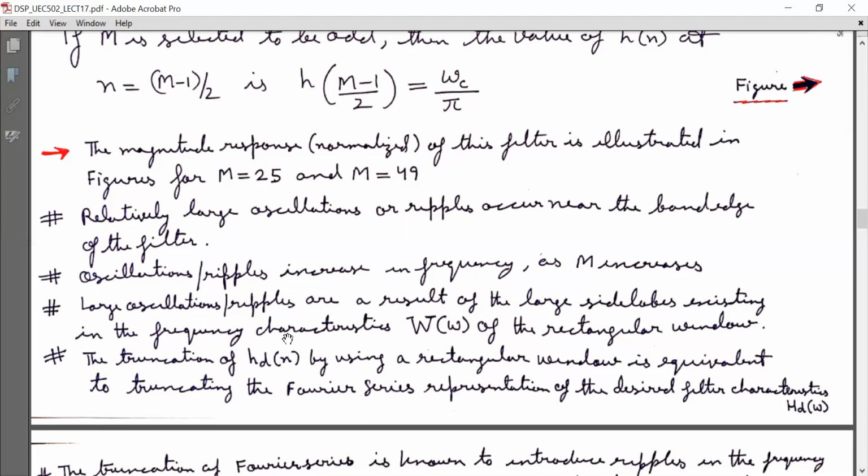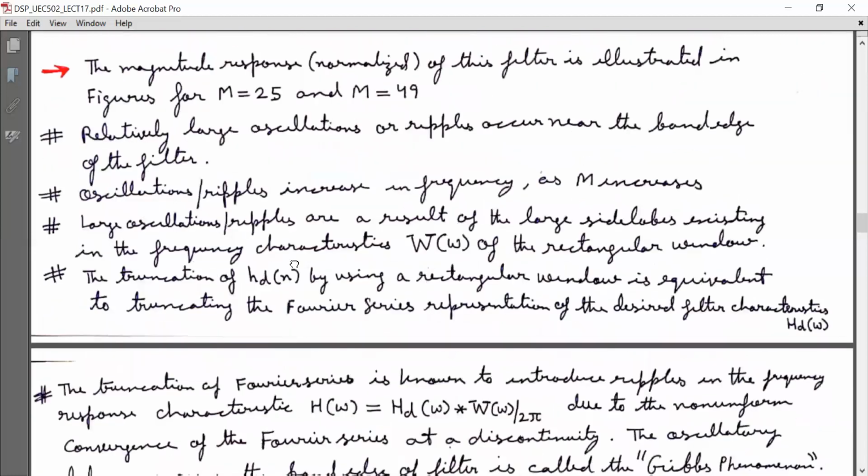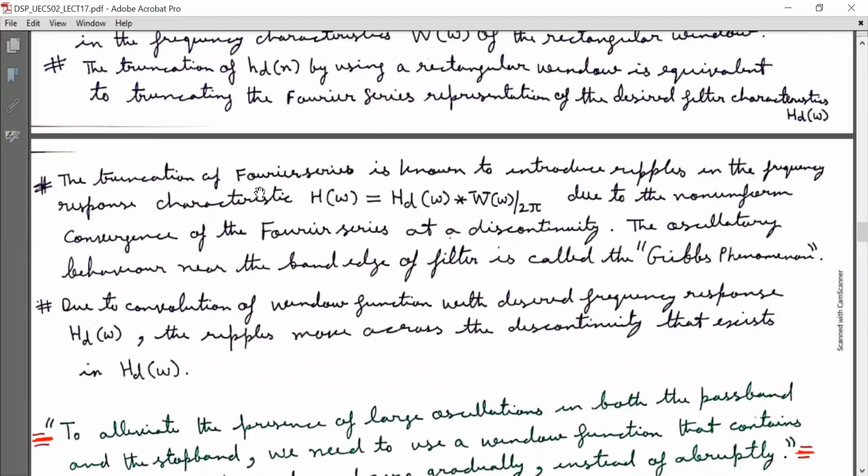The truncation of hd(n) by using a rectangular window is equivalent to truncating the Fourier series representation of the desired filter characteristics Hd(ω). The truncation of a Fourier series is known to introduce ripples in the frequency response characteristic H(ω), which is Hd(ω) convolved with W(ω) divided by 2π, due to the non-uniform convergence of the Fourier series at a discontinuity.